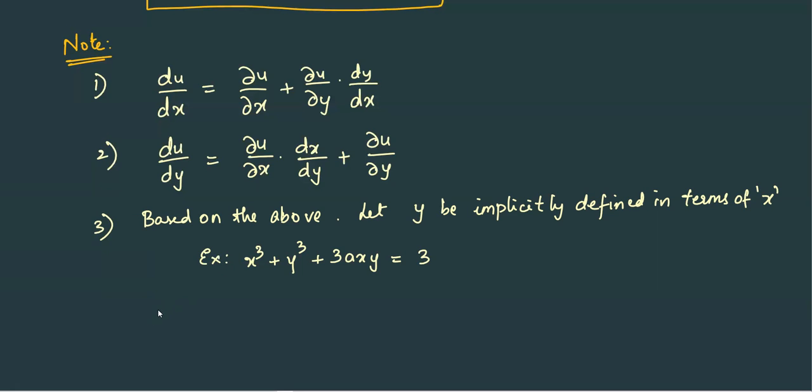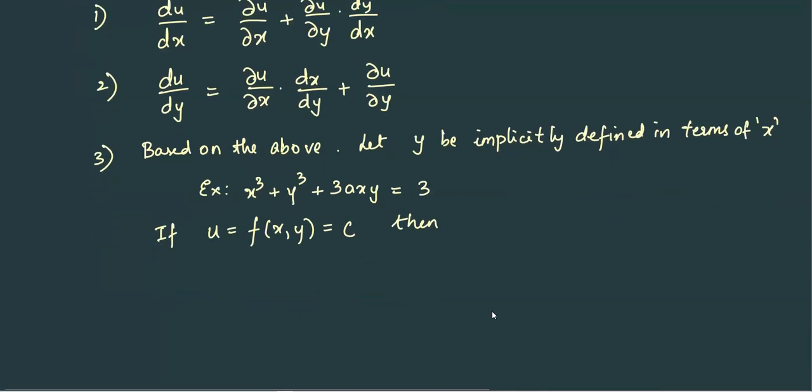Okay. So if u is equal to f of x comma y is equal to some constant c, then differentiating with respect to x, df by dx equal to 0.